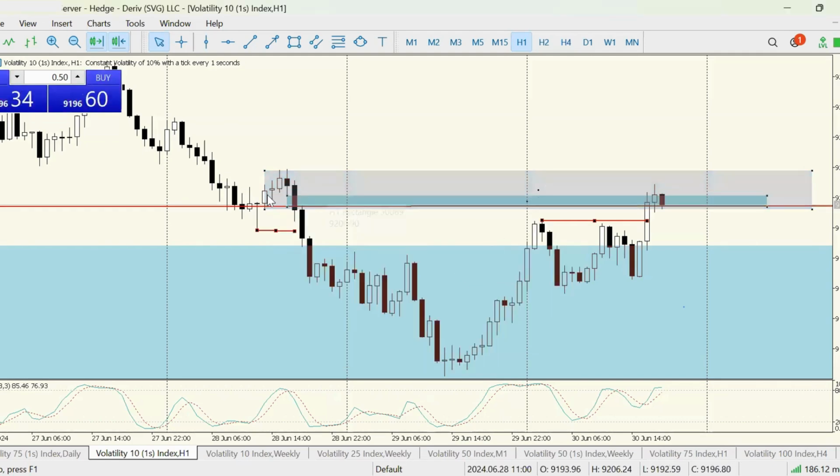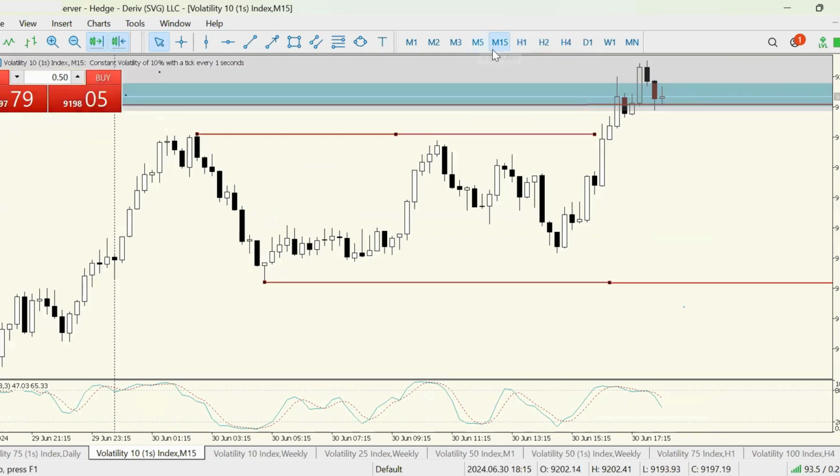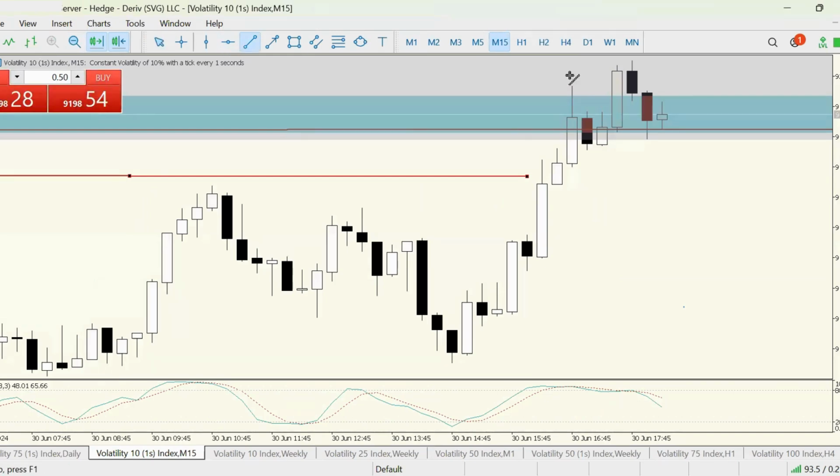So we have a fair value gap inside an order block. This might actually start reversing, pushing to the downside to take out this sell side liquidity. So the perfect way to enter this trade would be, this is actually good price action.